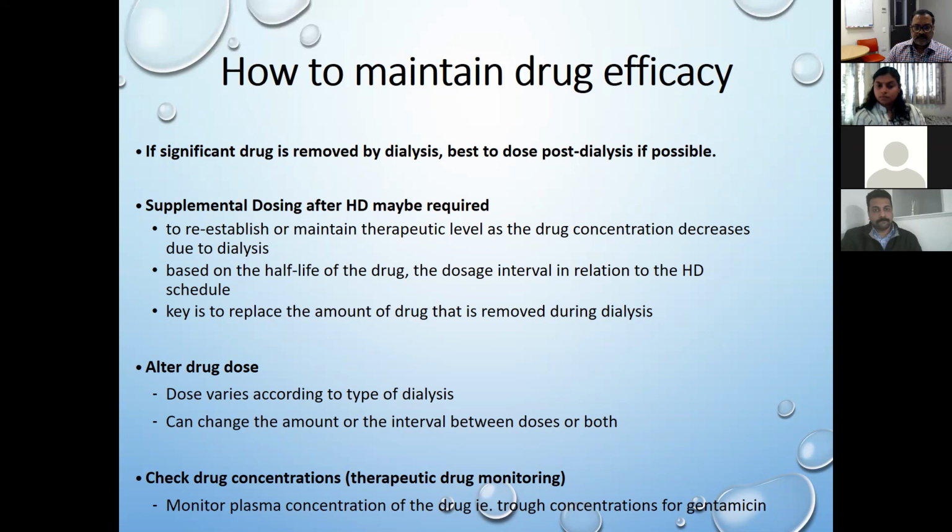It's essential that we do monitor drug levels if there is that facility. Now, not every drug can be therapeutic drug monitored. It's only drugs which have a known relationship between plasma concentration and effect. So sometimes we'll check trough concentrations of gentamicin and vancomycin, for example, to guide our treatment and let us know that we're on the right dose.